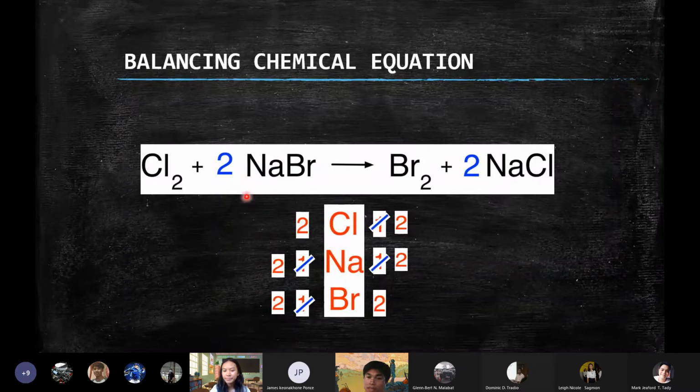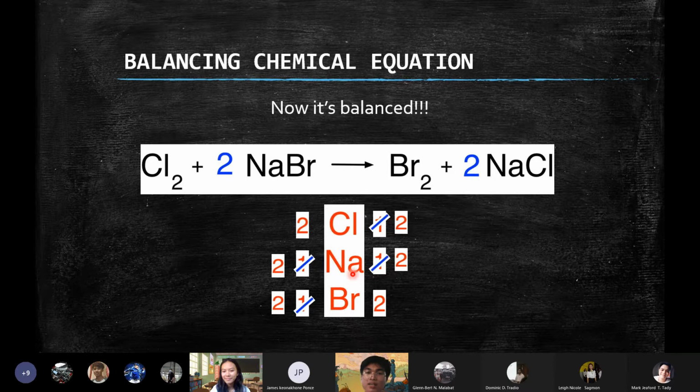Because we added 2, we have here the 2, and the same with bromine, 2. All three of them are balanced. We have 2, 2, and 2, and 2 and 2. So this is the balanced chemical equation of the unbalanced equation that we did earlier.